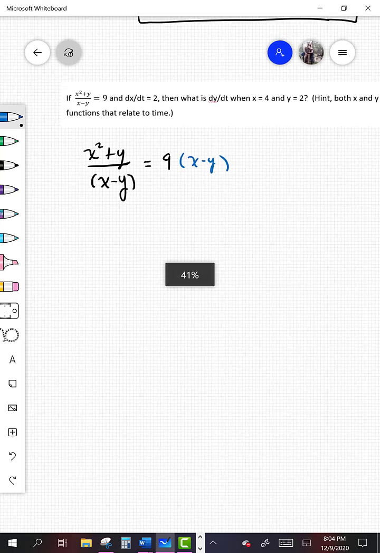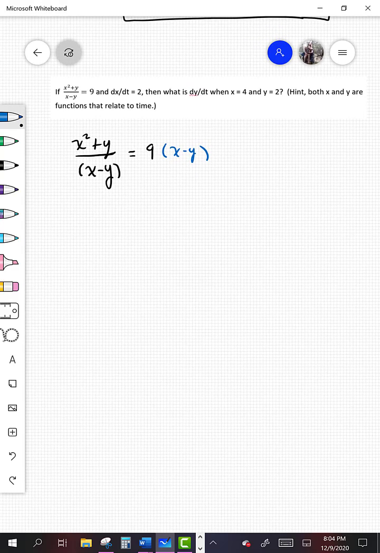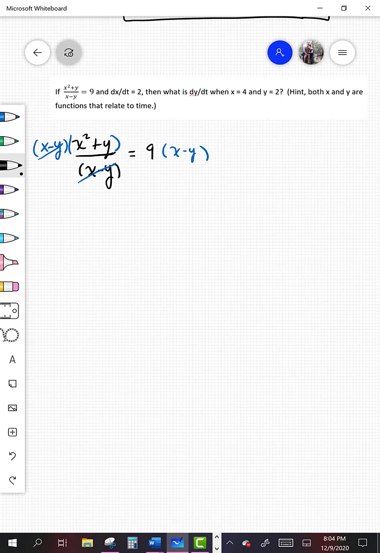If you didn't do this, you should get the same result at the end. So our x minus y's cancel on the left, giving us x squared plus y is equal to, and I'm going to distribute the 9, 9x minus 9y.